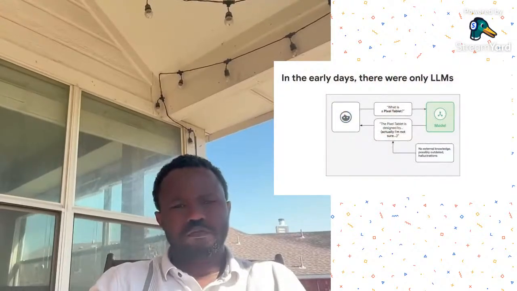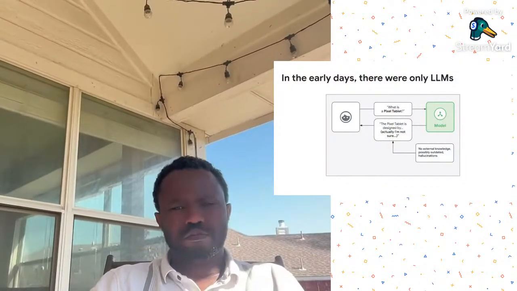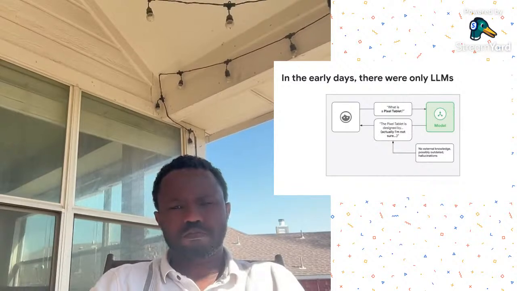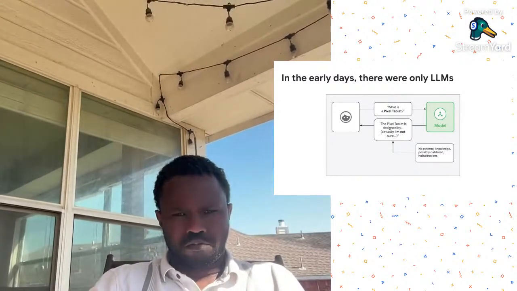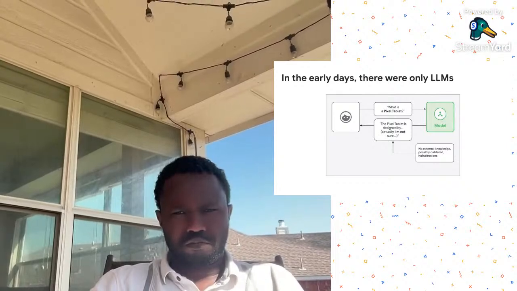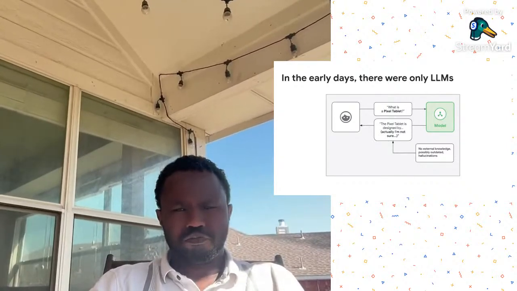Now, let's walk through a super short history of the last 2 years. In the early days of 2 or so years ago, there were only large language models, and we sort of interacted with them and said, "Wow, this is really neat." And it sounds like well-written text, even though it's probabilistically generated.